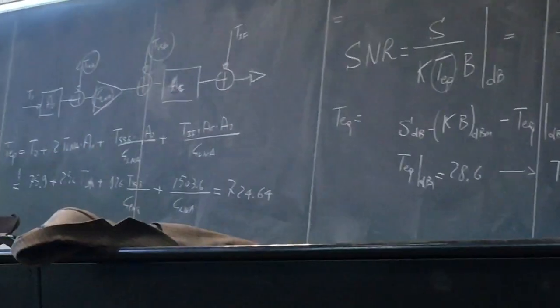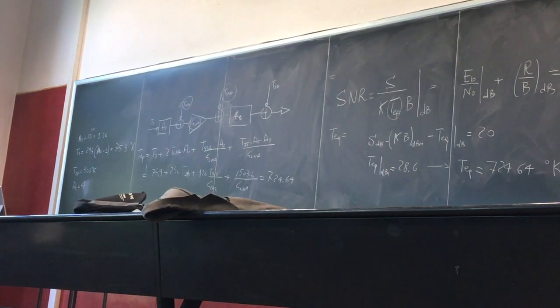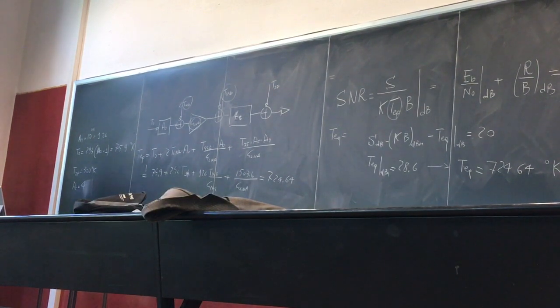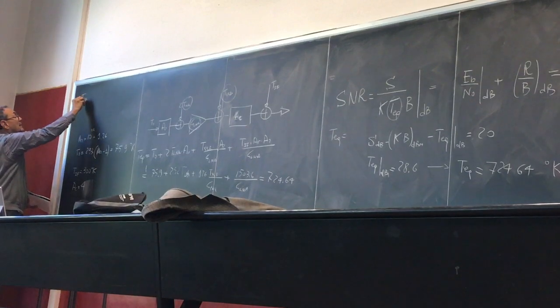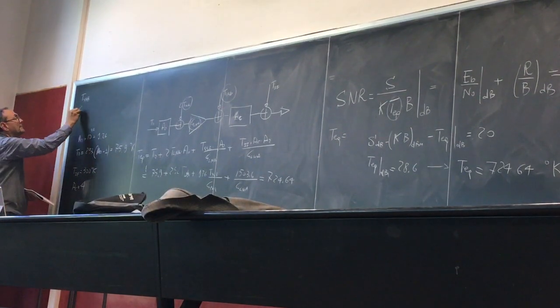We have an equation, we have three unknowns, and we have to assign two parameters and get the other one from this equation. For instance, we can set the value of TSSB and the value of GLNA.